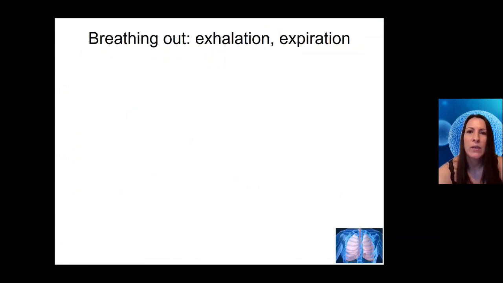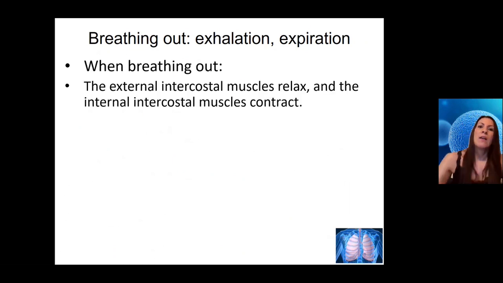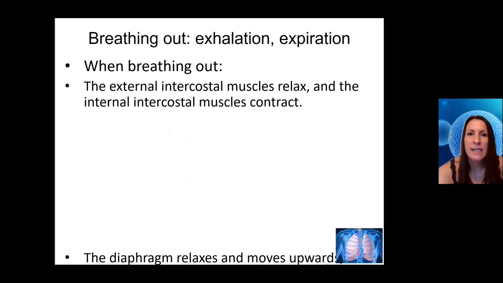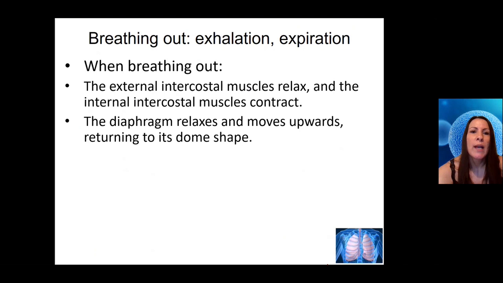When we breathe out, or exhalation, we are relaxing those external intercostal muscles, the muscles between the ribs, and the internal intercostal muscles contract. So we've got external intercostal muscles outside the ribs and internal intercostal muscles inside the ribs. The diaphragm relaxes and moves upwards, returning to its dome shape.